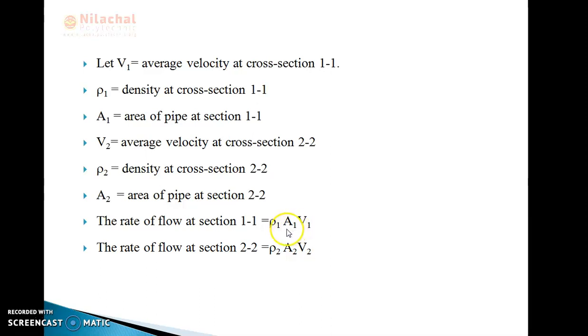If you calculate the unit, it will come kg per second. Then you are calculating the rate of flow at the section 2. Same formula, m dot is equal to, at the outlet, rho 2 A2 and v2.